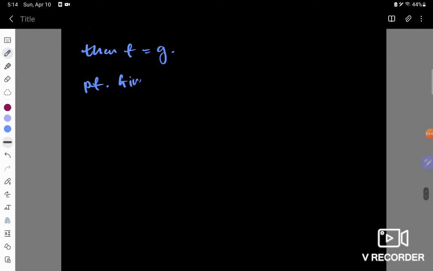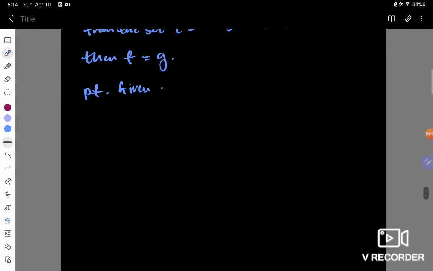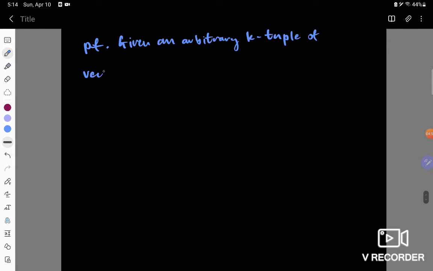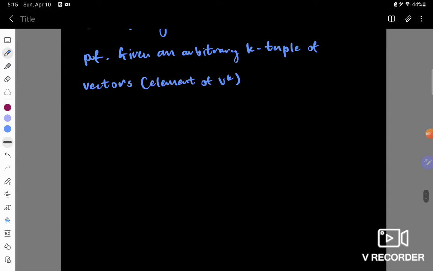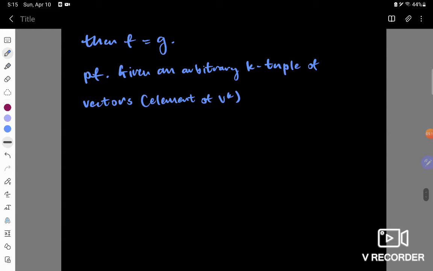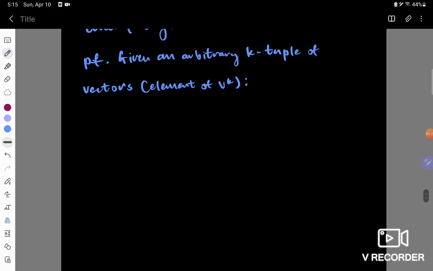Given an arbitrary k-tuple of vectors of V, or equivalently elements of V to the k, we can express each individual vector in the form of a linear combination of its basis elements. Just a fundamental idea.